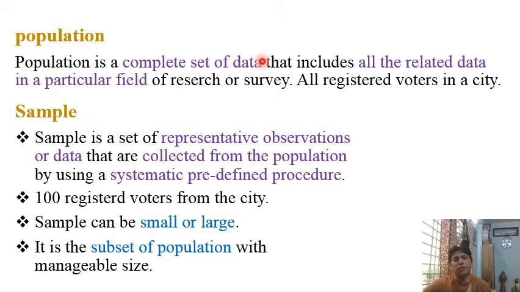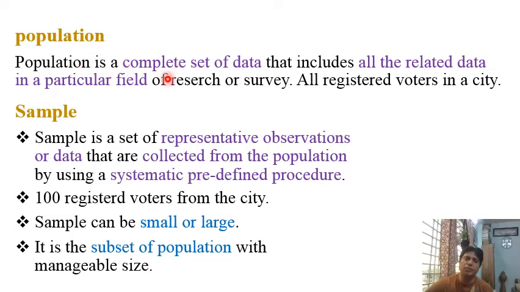Suppose we are working with students of management. All the students of the management department are included as the population. When we are going to survey smokers, all the people who smoke are included in the set of population.